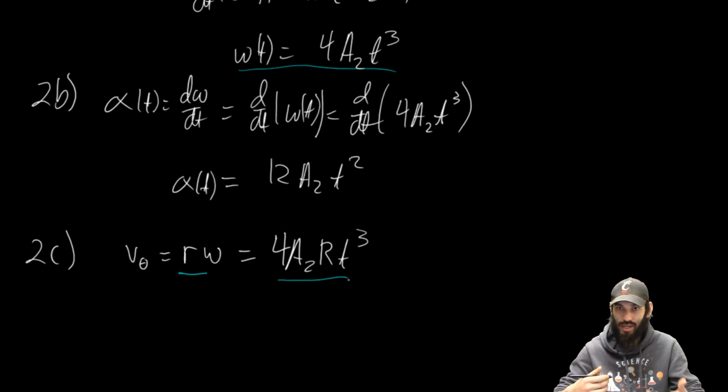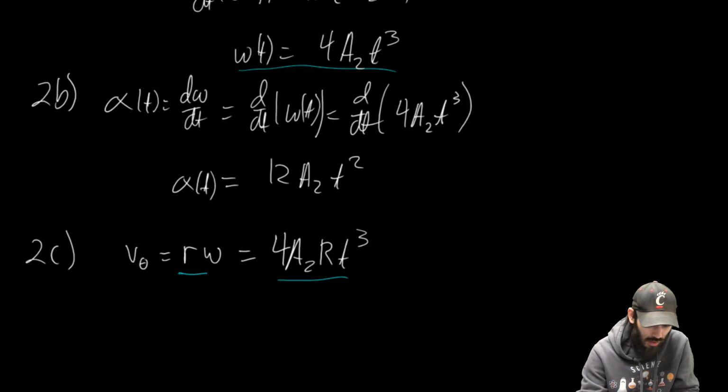Okay. Something you might have noticed that I did when I went from here to here is I put this in a standard format that you might even notice in textbooks. When you're writing these things out, typically you put the number first, you put the variable for the function last, and then everything else is in between in some order.